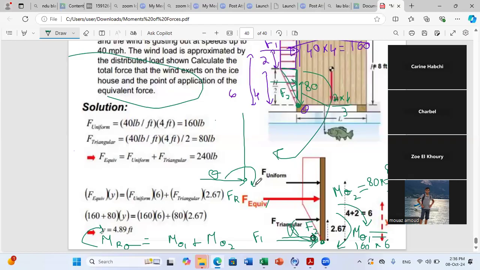But the question was not to reduce at O. The question was to reduce to one single force. And why is it possible here to reduce to one single force?